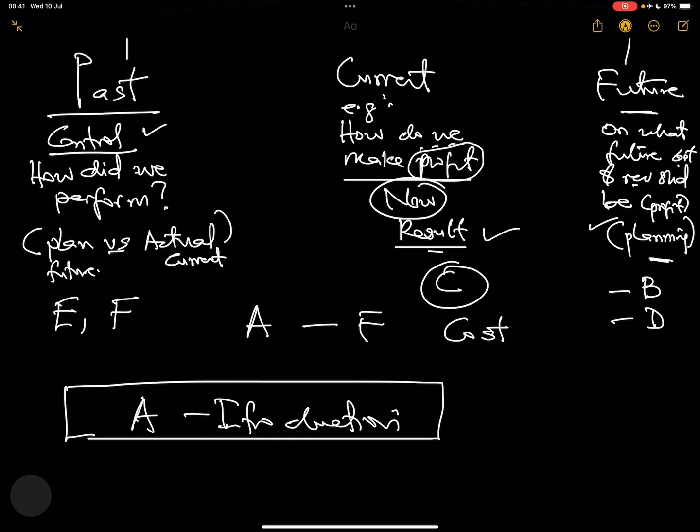However, from B to C to D to E and F can be summarized into this. So in section C, you're going to learn about different types, how to classify cost into material, labor, overhead, then how to even quantify the cost using different methods: marginal costing, absorption costing, process costing. You will learn all of that.